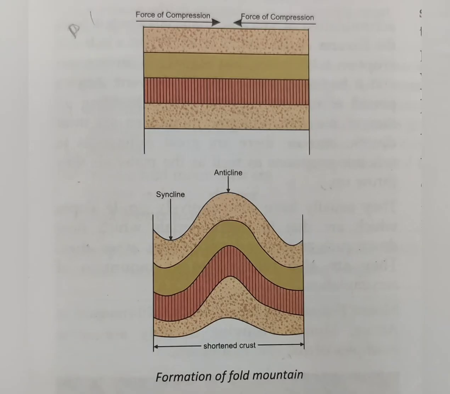Here is a photo that describes the formation of fold mountains. Above is the plan view of a plain, with forces of compression from both the sides shortening the crust. Below, the deep line is called a syncline, and the upper one is an anticline that creates a mountain.